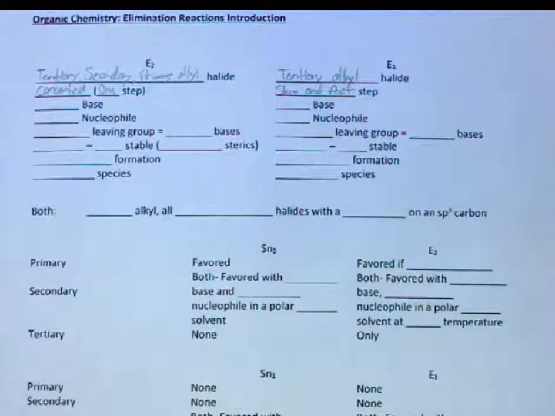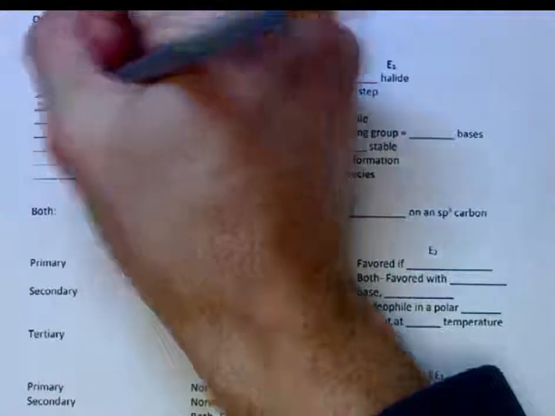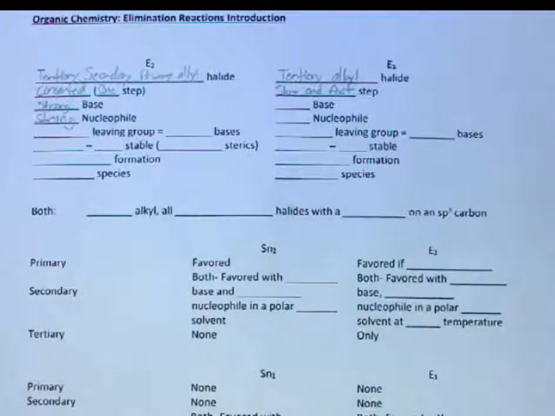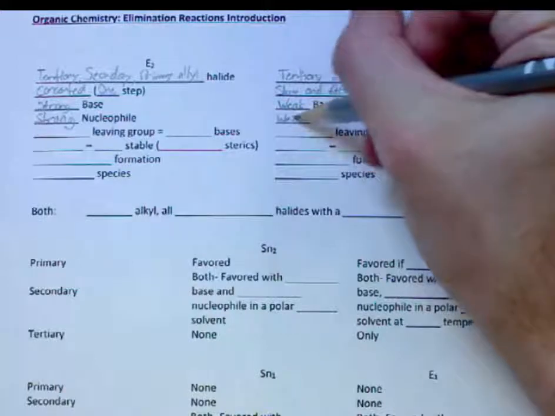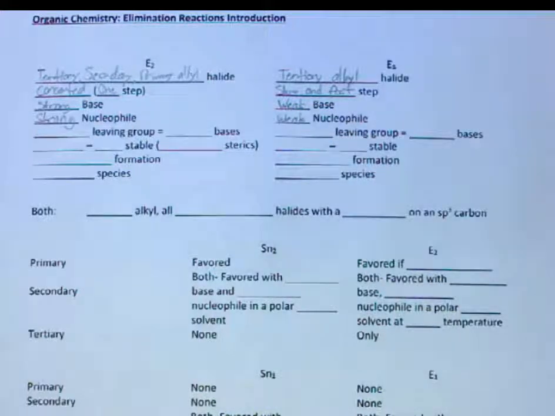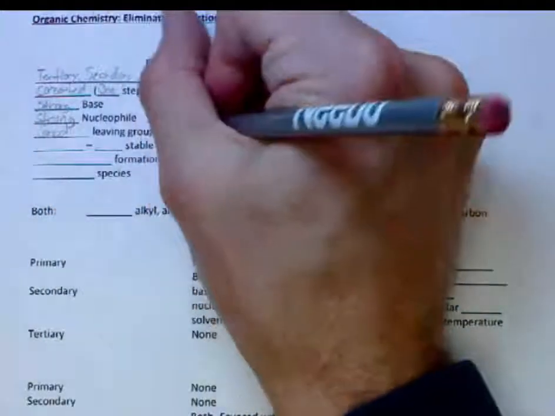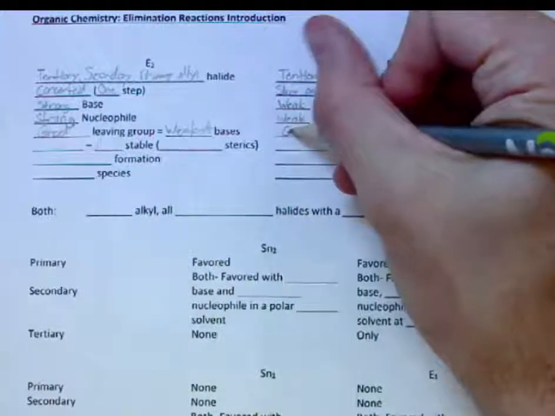For E2, a strong base and a strong nucleophile will be favored, and for E1, a weak base and weak nucleophile will be favored. For both E2 and E1, good leaving groups are going to be the weakest bases or the strongest acids.